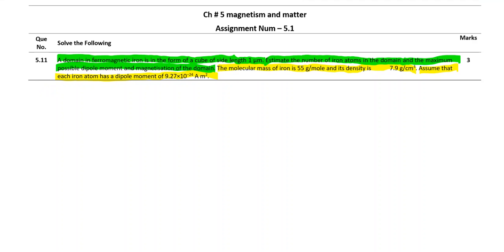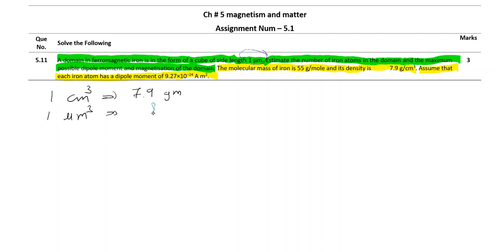We can say that 1 centimeter cube of iron is having 7.9 gram. What I have is 1 micrometer cube. We are told that the size is 1 micrometer, so volume will be 1 micrometer cube.